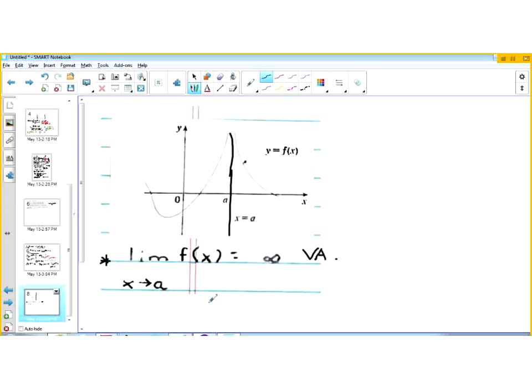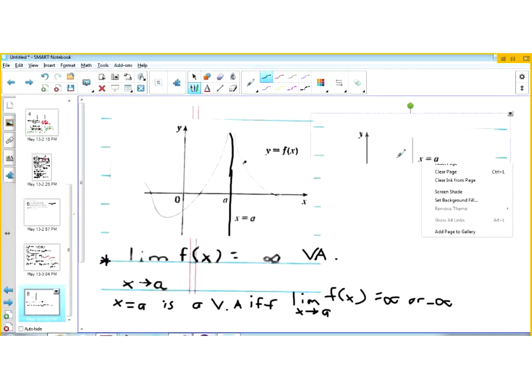In fact, that is the definition. x equals a is a vertical asymptote if and only if, which I write as iff, the limit as x approaches a of f of x is equal to infinity. That's the definition. Or minus infinity. Okay, so that is how you define a vertical asymptote.